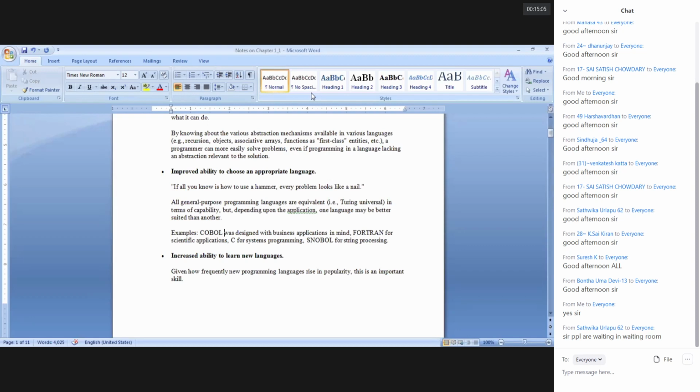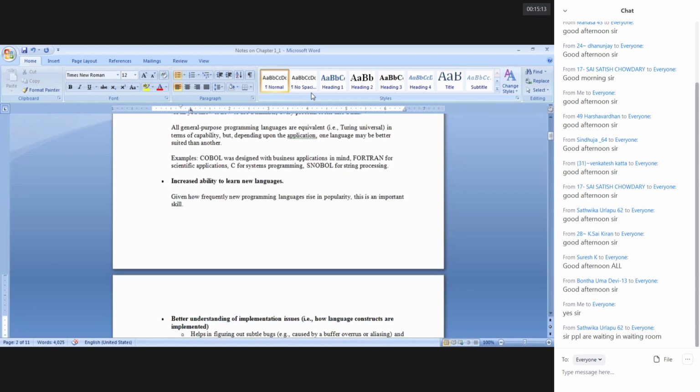Next is increased ability to learn new languages. If you understand the theoretical concepts and features of 2 or 3 languages, then you will get increased ability to learn any other new language that comes next. Given how frequently new programming languages rise in popularity, this is an important skill.